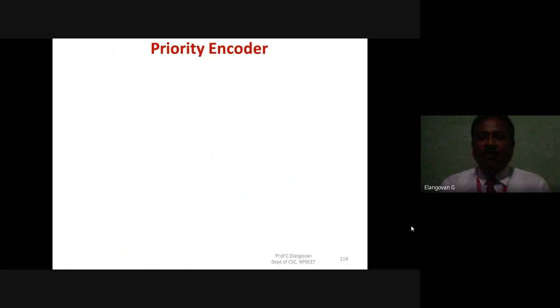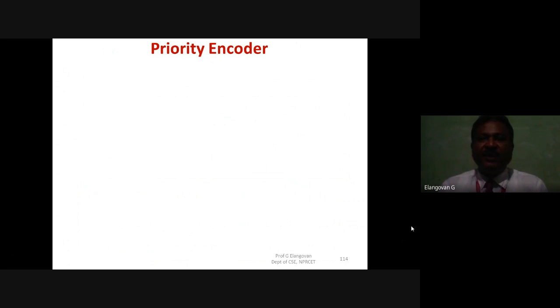While talking about the encoder, we mentioned that in the encoder only one input should be at high level at any instant. If more than one input becomes high level, we go for the priority encoder.